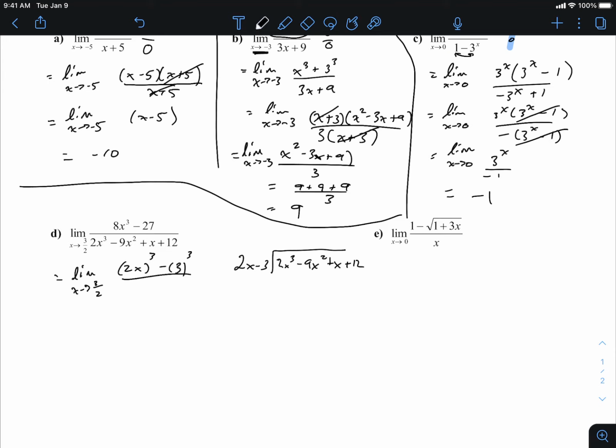Well, I get a 2x squared. Oh, sorry, just an x squared. Then I multiply down onto both of these two things, and I get minus 2x cubed minus 3x squared.